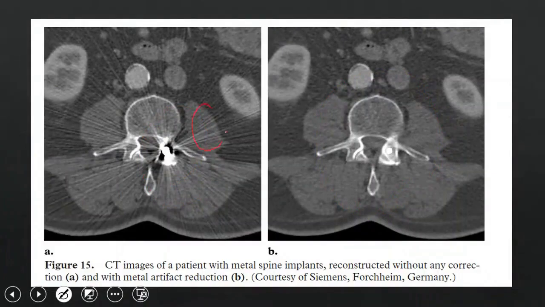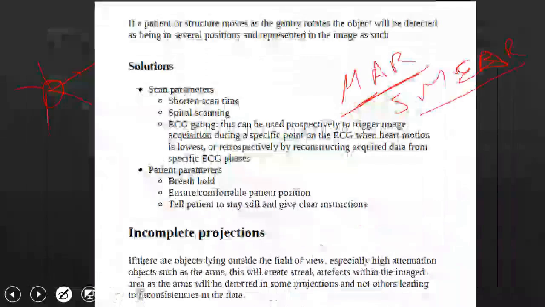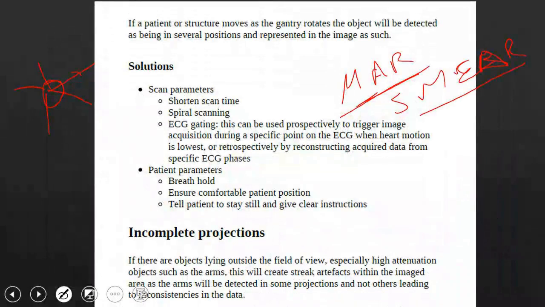So it will look at the pixel that does not have an artifact and see what its value is. Then the line that has the artifact will return the pixel value to a value similar to that of the neighboring pixel. It will start doing this for the entire image, correcting the image in this way. This is a type of beam hardening correction.